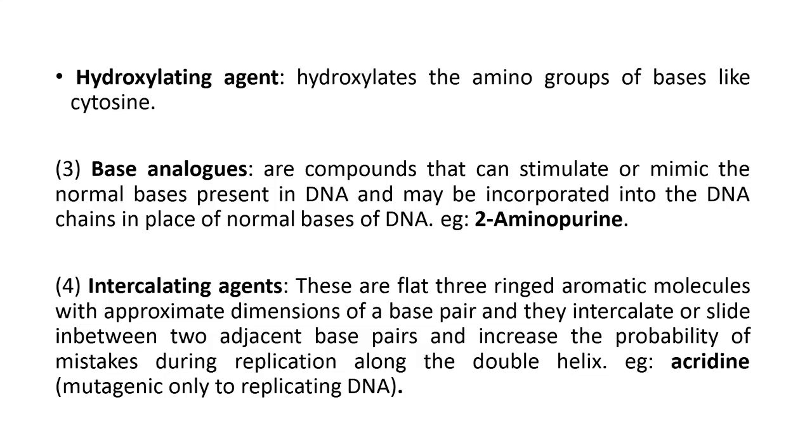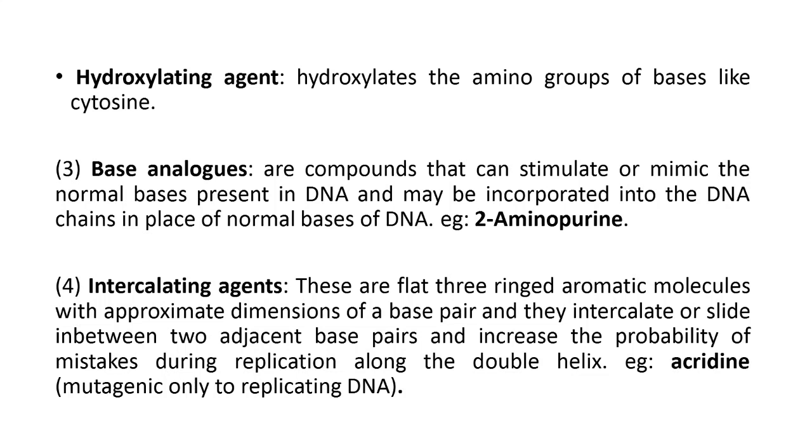And the base analogues I have told you, the acridines, the base analogues which include 2-aminopurine and 5-bromo-uracil are compounds that can mimic the normal bases present in DNA and may be incorporated into the DNA chains in place of normal bases of DNA.